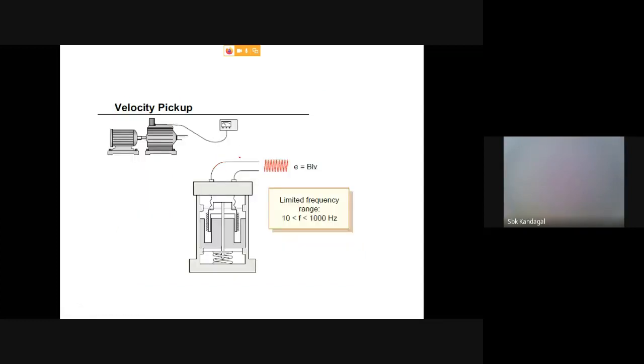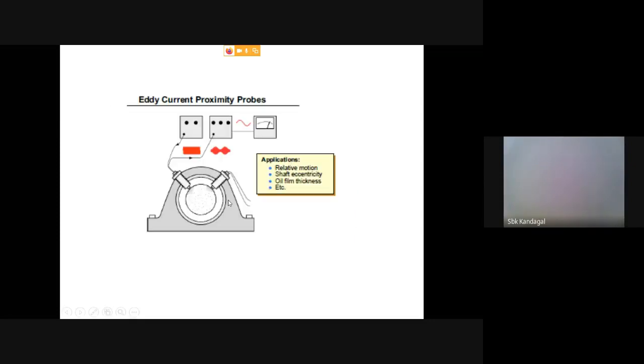Velocity pickups also have a lesser frequency range of interest. But once you use the accelerometer, you can also use these velocity pickups for that purpose. And in rotary systems, especially in condition and structural health monitoring, suppose I have a shaft that is whirling and I want to find the whirling of the shaft.